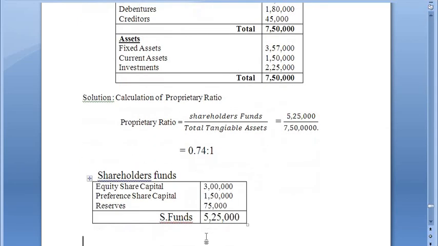Okay, and the answer, that is proprietary ratio, is 0.74:1. How we have calculated this? 5,25,000 divided by 7,50,000. This will come 0.7, not 4.